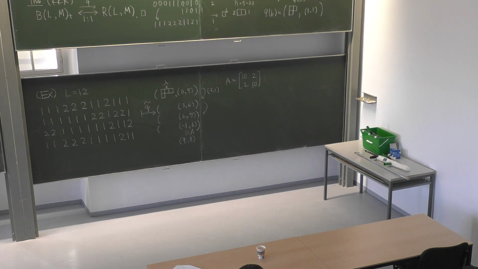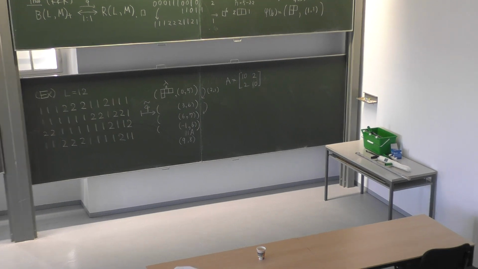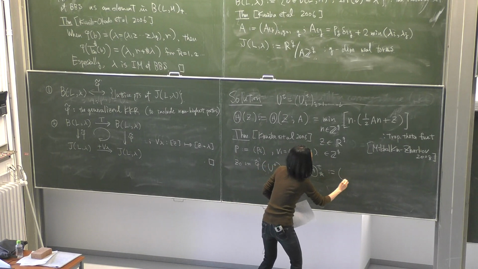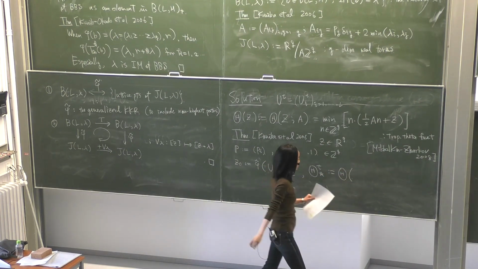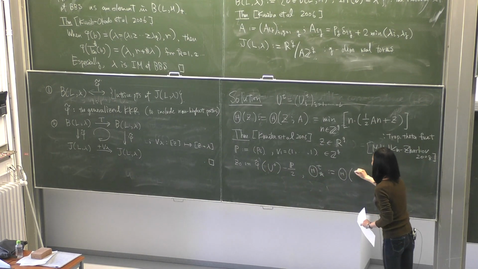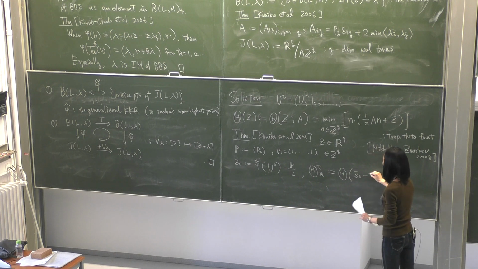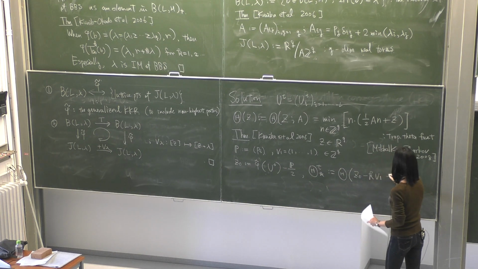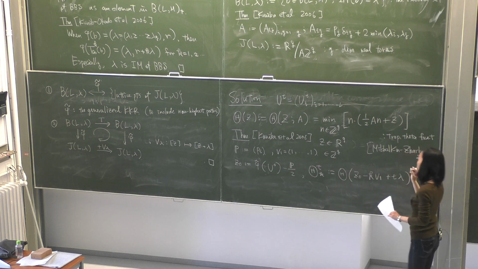Then the image of KKR minus half of this p is z0. Then we define theta_k^t as the value of the tropical theta function at z0 minus k v1 plus t lambda.